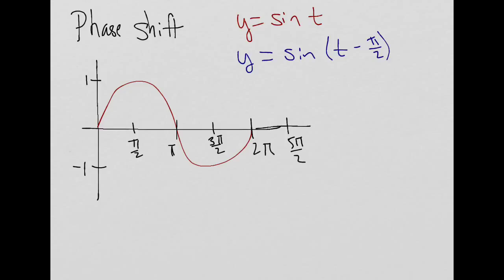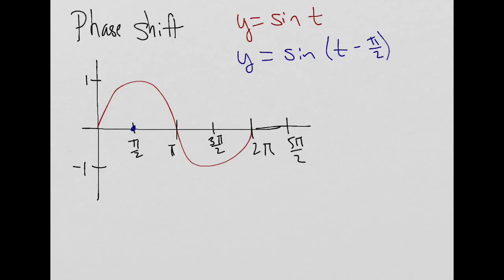I know that normally sine of 0 should give me 0. But if I take pi over 2 and plug that in for t, pi over 2 minus pi over 2 would be 0. So when I get pi over 2, I get the same thing that I would have gotten with 0. What I've done here is called a phase shift. I have shifted everything to the right by pi over 2.